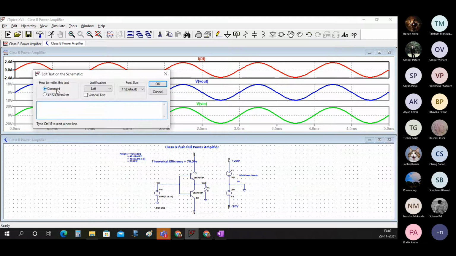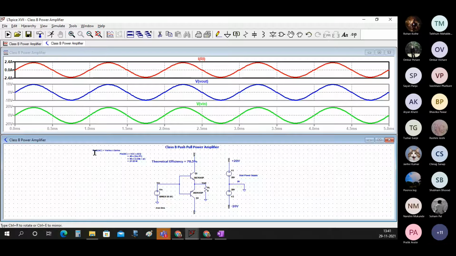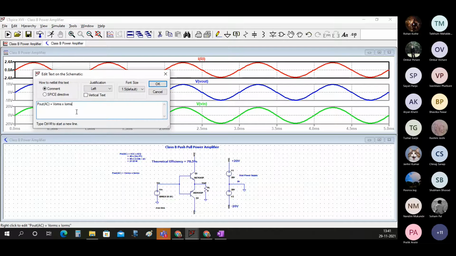Now here we want P out AC. The formula for that is V0 RMS times I0 RMS. The formula for V0 RMS is Vm by root 2, and I0 RMS is Im by root 2.